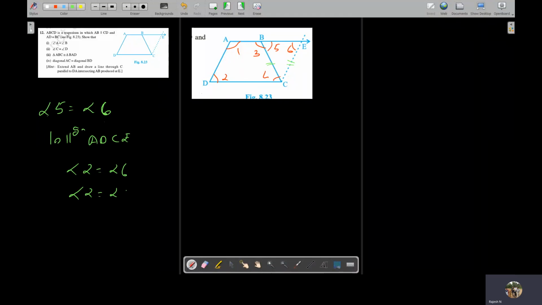So what can you write? Angle 2 is equal to angle 5. But 5 is equal to what? 4. Why? Alternate interior angles. Therefore, angle 2 is equal to angle 4. So angle 2 means angle C. Therefore, angle D is equal to what? Angle C. Okay. Next step.